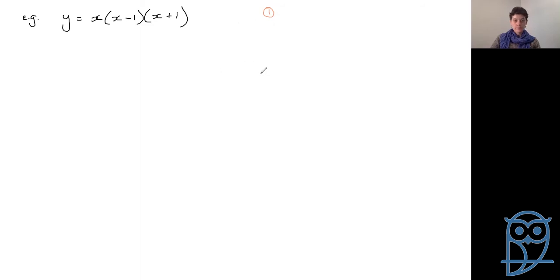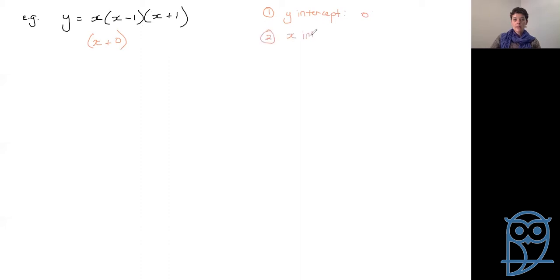But we've got to think about this guy here. Because this one here is actually hiding in there an x plus 0. So if we now combine all of those constants, we have a y-intercept of 0.